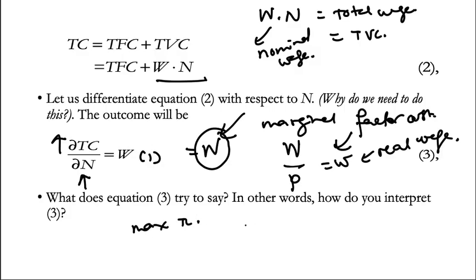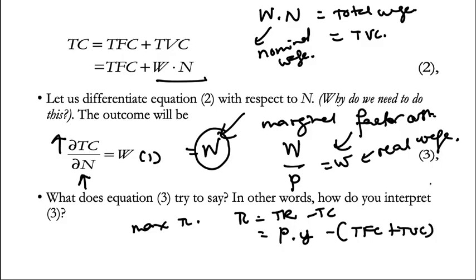Okay, and you know that profit is basically total revenue minus total cost. And you know that total revenue is actually price times output, isn't it? Price times quantity, price times output. And total cost is basically total fixed cost plus total variable cost. If I specify it further, it becomes P times Y minus total fixed cost minus capital WN. You see what I mean?